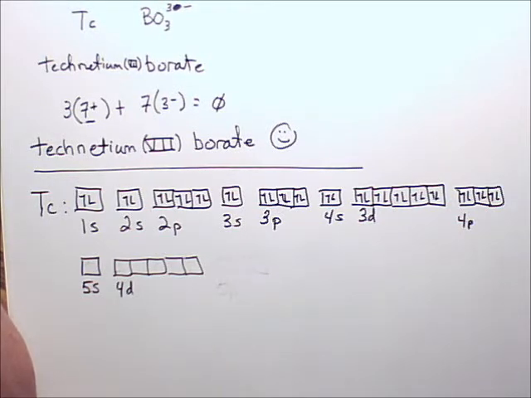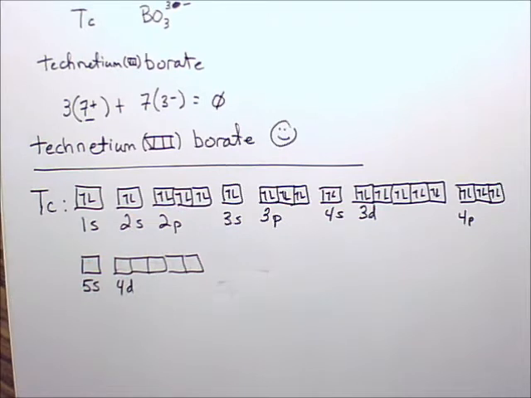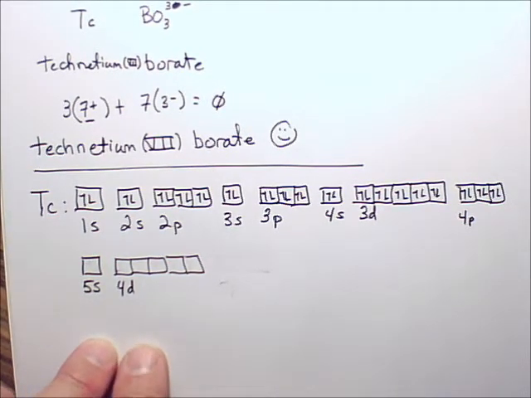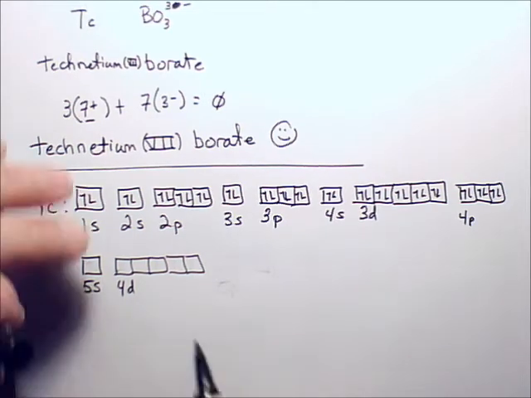If you're looking at a formula, how do you tell which category it fits into? If the formula has a metal and a non-metal, now that might be more than one.